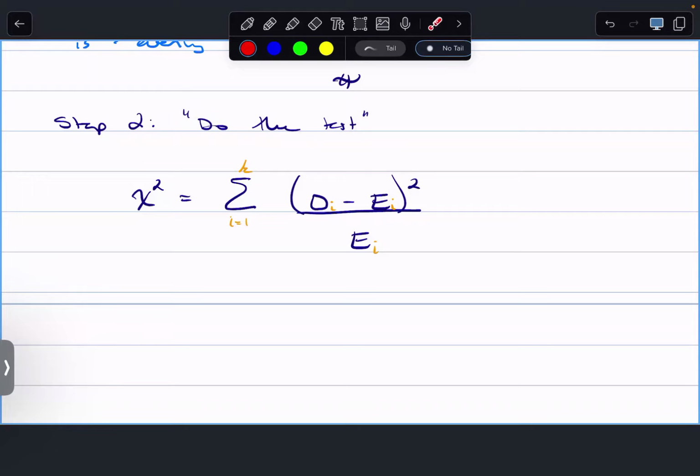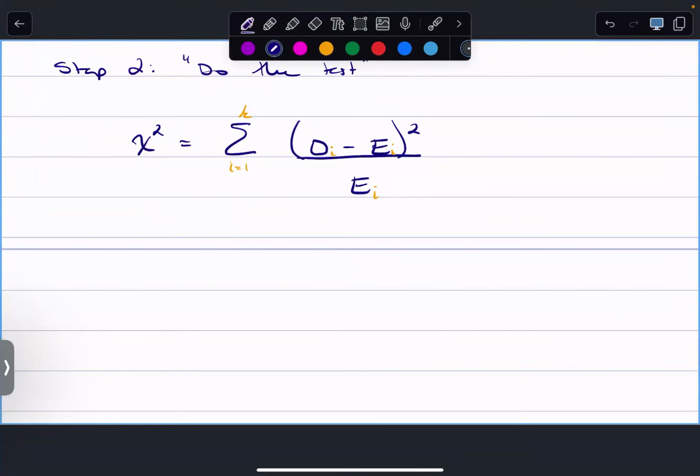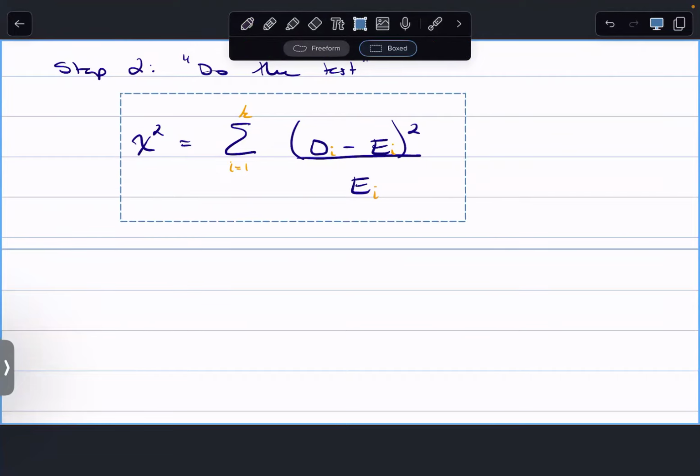All it says is that you're going to do this calculation for each category and then add them up. In fact, Excel does this calculation for you, and so you don't really need to do it that often. But let's just do it once since we have a small number of categories.